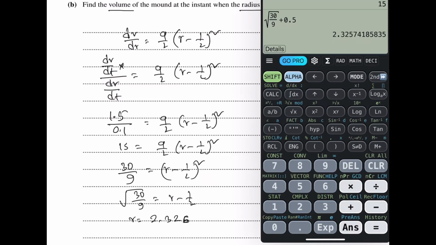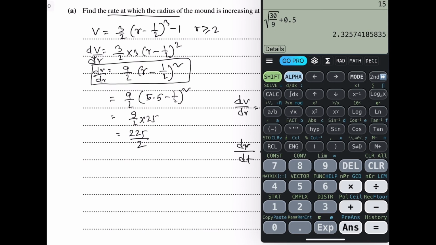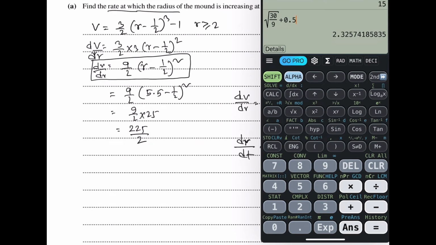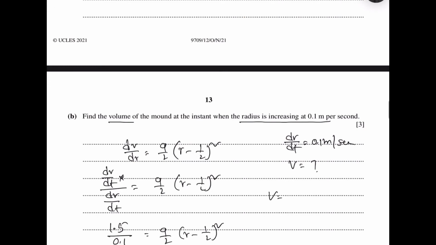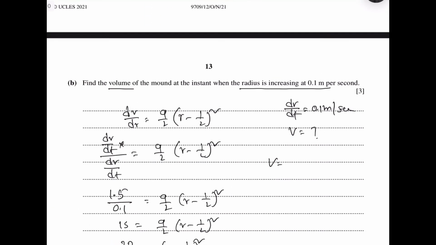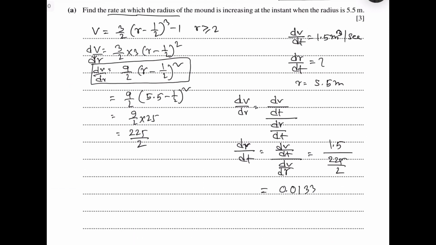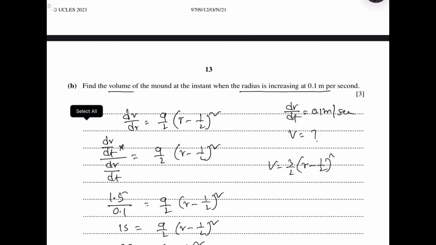So we have the formula for the volume. Volume equals 3 by 2 (r minus half) whole cube minus 1.